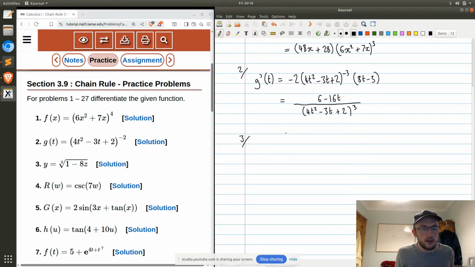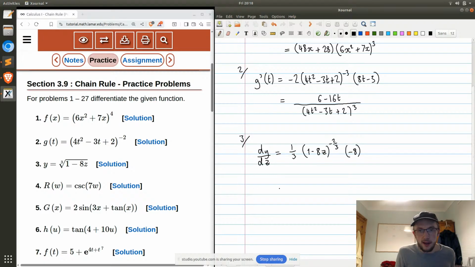y equals the cube root of 1 minus 8z, and therefore y is 1 minus 8z all to the 1/3. So dy by dz would be 1/3 of 1 minus 8z all to the minus 2/3, and then multiply that by negative 8.